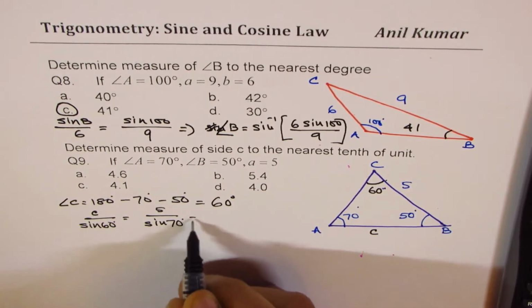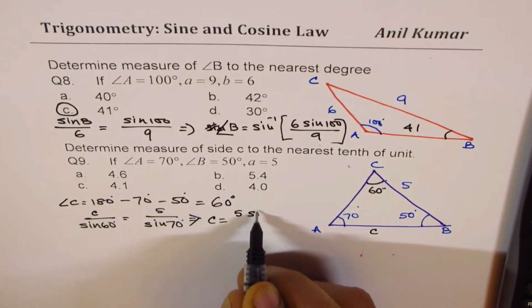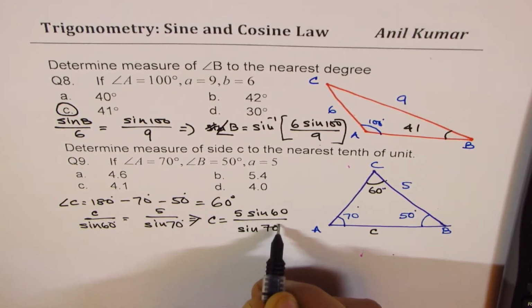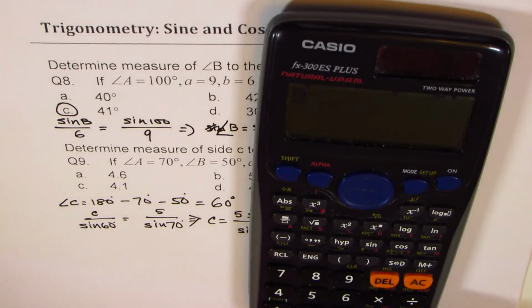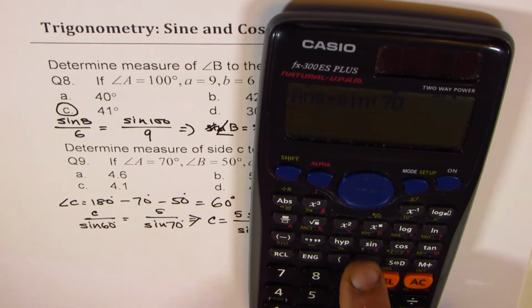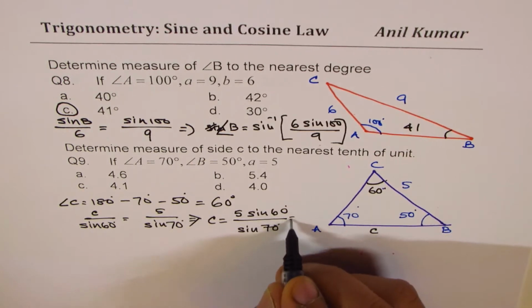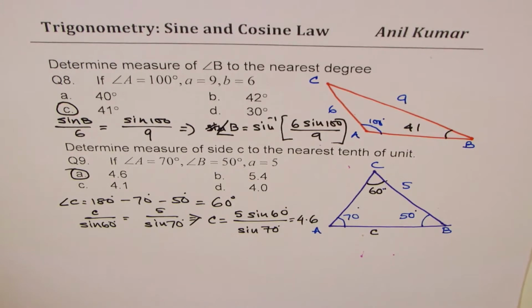Correct? So this implies that C is equals to 5 times sine of 60 degrees divided by sine of 70 degrees. Correct? So let's calculate. So we have 5 times sine of 60 degrees divided by sine of 70 degrees. That is 4.6. So we get 4.6 as the answer. Option A is the right option.